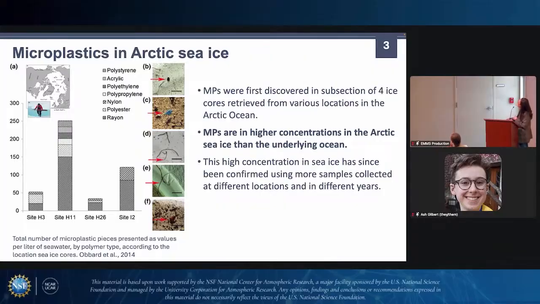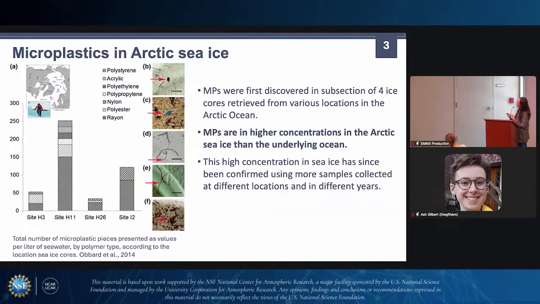Surprisingly, the concentrations of microplastics are really high, and even higher in the Arctic sea ice than the underlying ocean. This high concentration in the sea ice has later been confirmed using more samples collected at different locations and in different years.